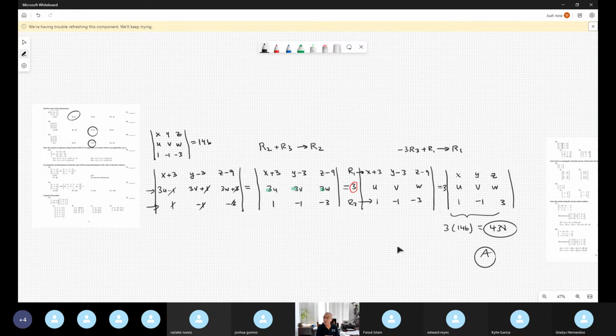I summarize the properties. I can say basically 2 or 3 properties. When you have 2 equal rows, the determinant is 0. When you multiply one entire row or column by a factor, this is equivalent to multiplying the entire determinant by this number.